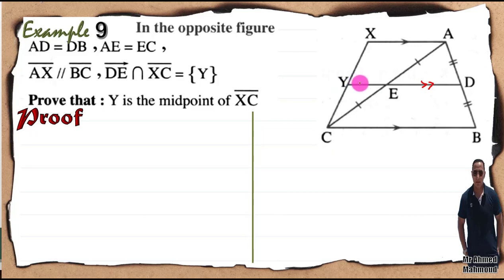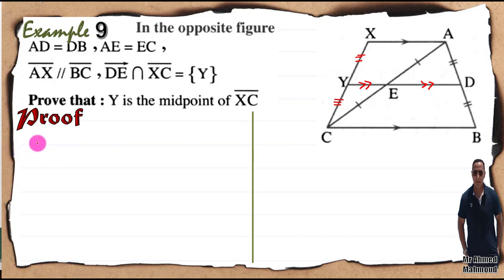So also EY parallel to BC. So EY parallel to AX. In triangle AXC, since E is a midpoint and EY parallel to AX, therefore XY equal to YC.